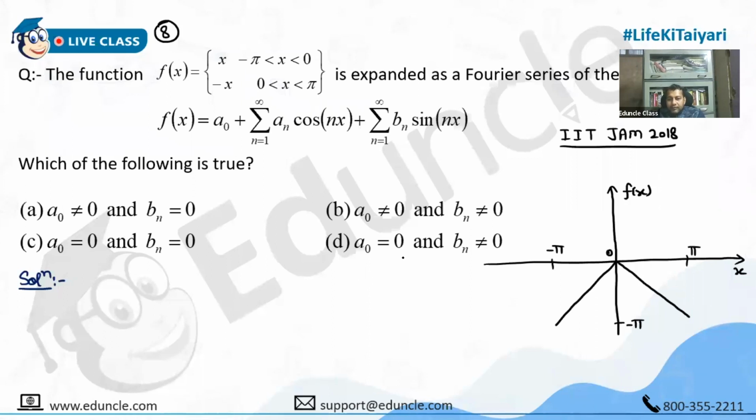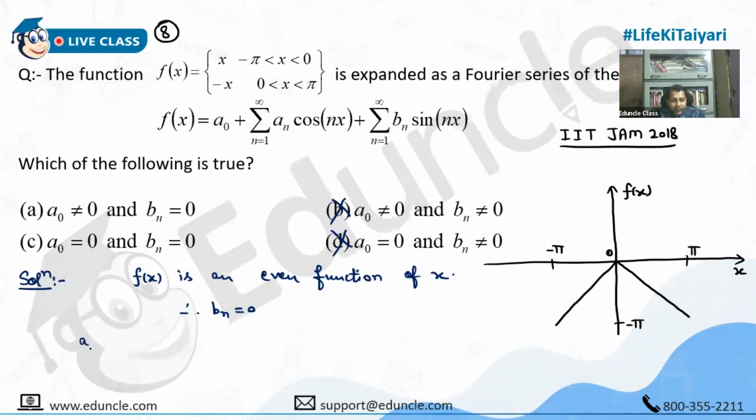Please check. Aditya, it's wrong. Akash, it's wrong. For an even function, Bn is 0, not An. Therefore, Bn is clearly 0. So these two options are wrong. So now the only confusion is between A and C.